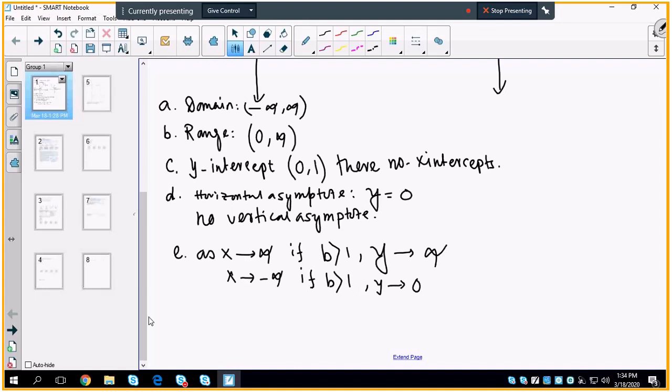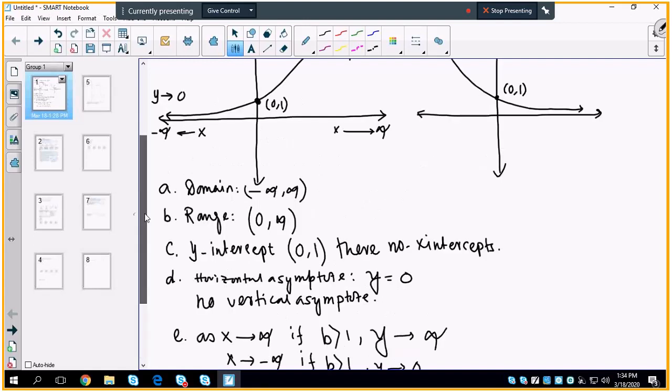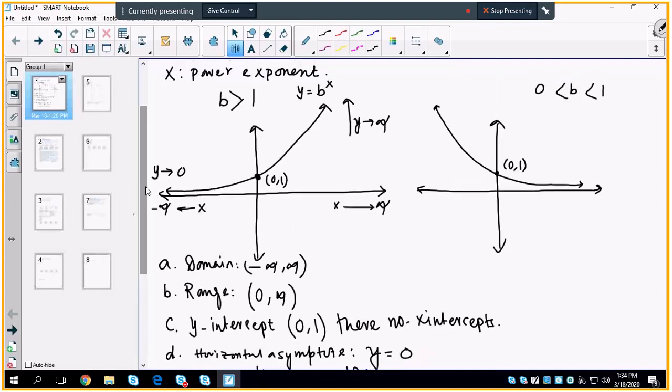Whereas this pattern changes as x goes to positive infinity. If b is between 0 and 1, then as you can see from the graph, y will approach 0. So my x is going to infinity and my y is approaching the x-axis, so the height 0.